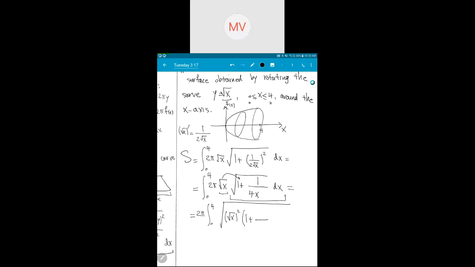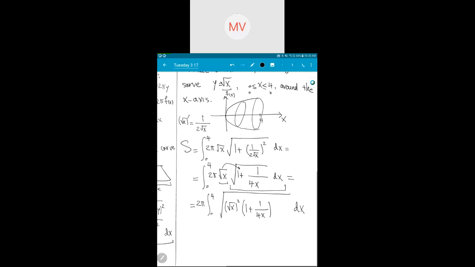And then you multiply 1 plus 1 over 4x, right? And then dx outside. You have a question on that? All right, now let's simplify it. 0 to 4. Since the square root of a square becomes x, 1 plus 1 over 4x, right? dx.